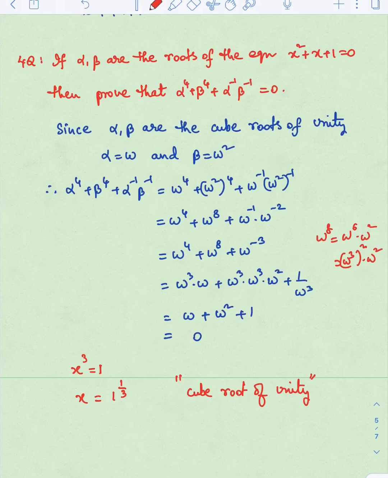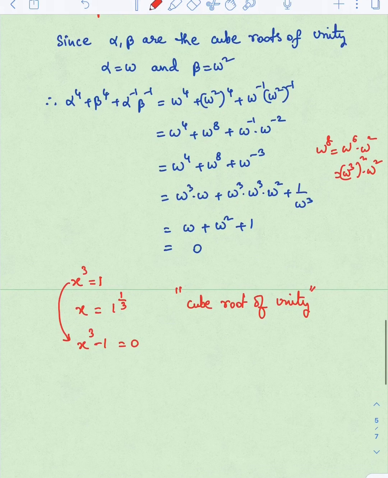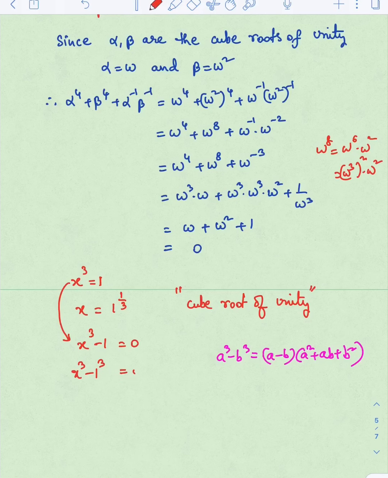Okay. And now coming to the step. From this I can write it as x cube minus 1 is equal to 0. Okay. A cube minus b cube is equal to a minus b into a square plus ab plus b square. If you write x cube minus 1 also in the same way, that is x cube minus 1 cube.